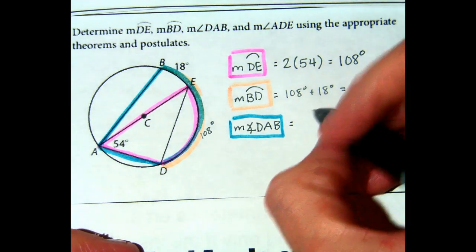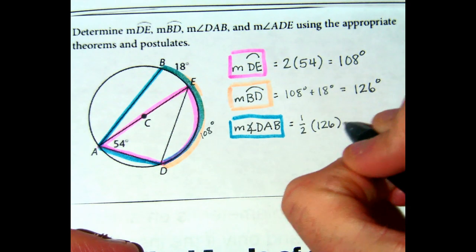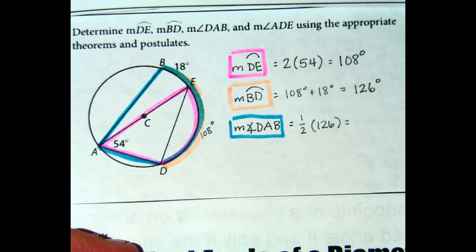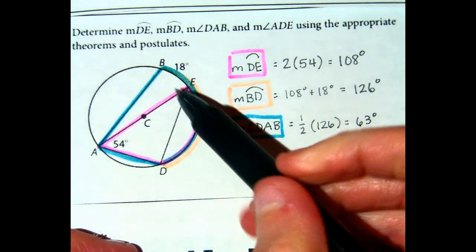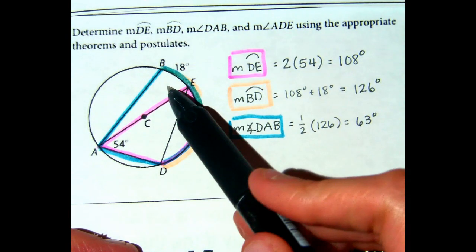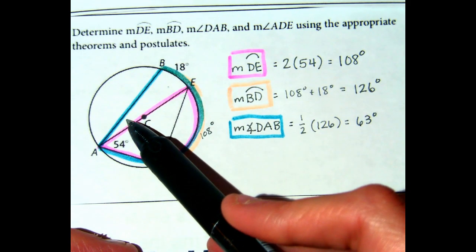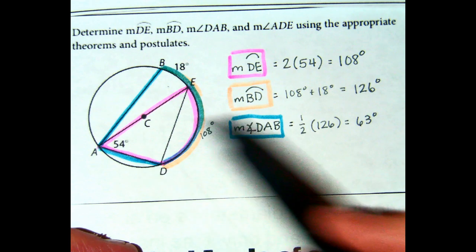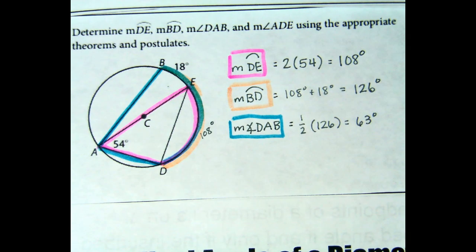So it's half of 126. Yes, you can. So, yeah, it is 63. So he said, can we also just do 18 and a half, which is 9, and add 9 and 54? Is that the same as 63? Yeah, so you can do either way. There's a ton of different ways to do these.